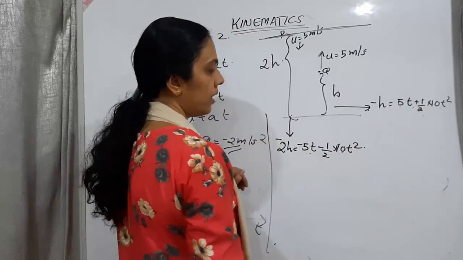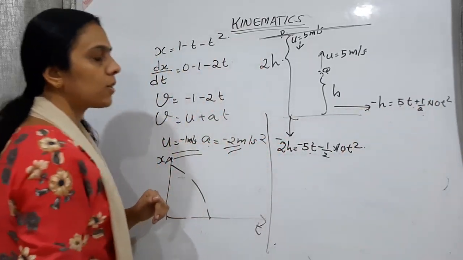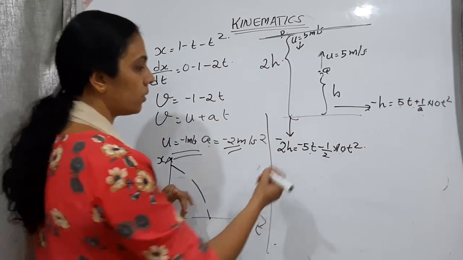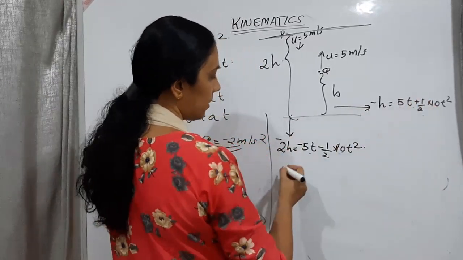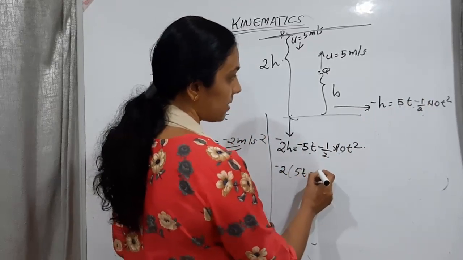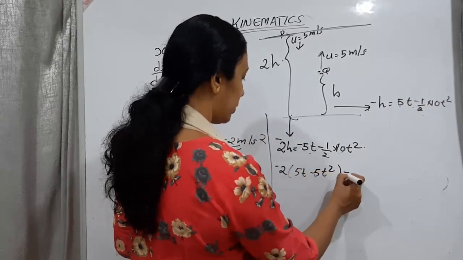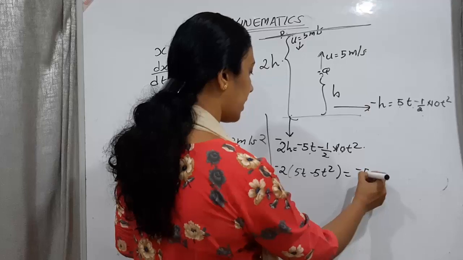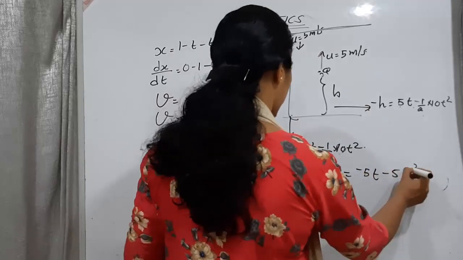Right? So while solving these two, how can we write it down? I can write h as minus 2 into 5t minus 5t square equals minus 5t minus 5t square.